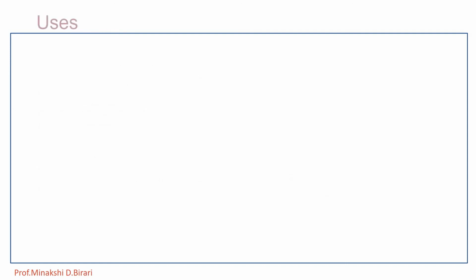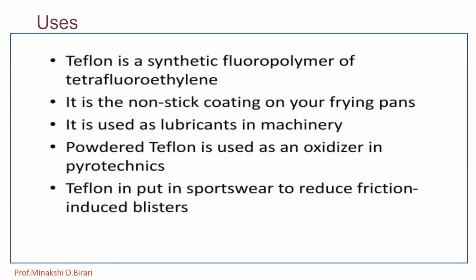Then the uses of Teflon. Teflon is a synthetic fluoropolymer of tetrafluoroethylene. It is the non-stick coating on your frying pans. It is used as lubricant in machinery. Powdered Teflon is used as an oxidizer in pyrotechnics.